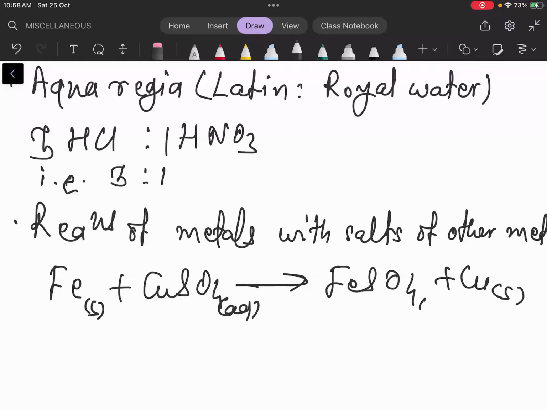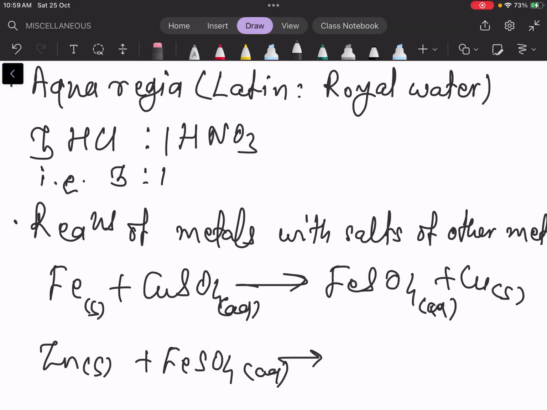This is called a displacement reaction. Similarly, Zn combined with aqueous FeSO4 gives aqueous ZnSO4 plus Fe solid. Is there any doubt, students?